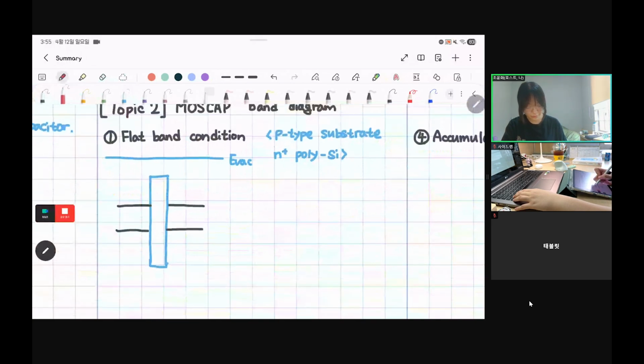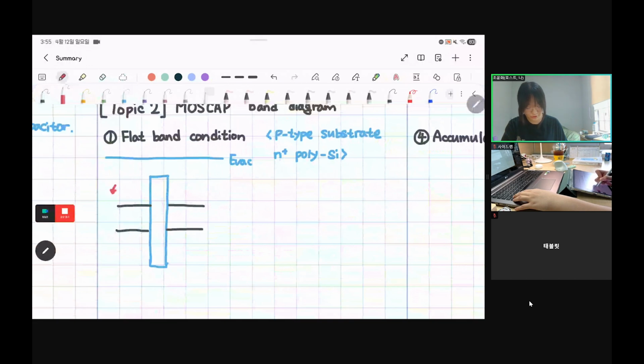We use both the semiconductor, so this valence band and conduction band gap is the same for gate and substrate. But the Fermi level is different because in the gate side, it is a really heavily doped N-type semiconductor.